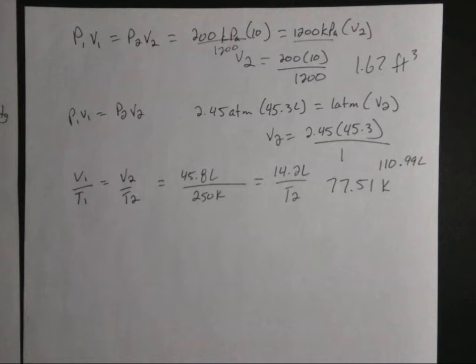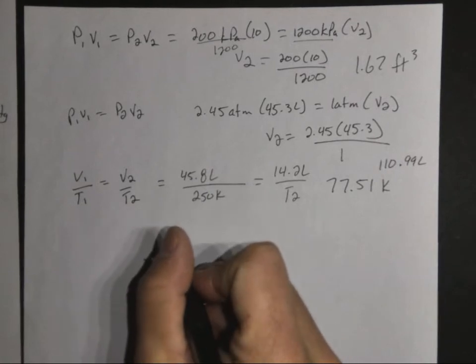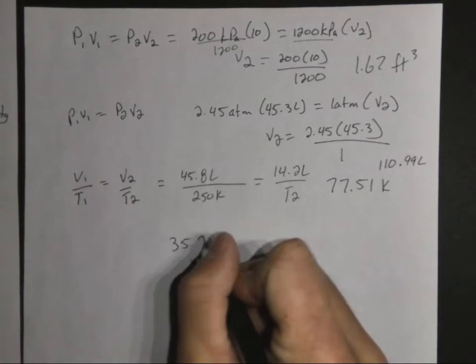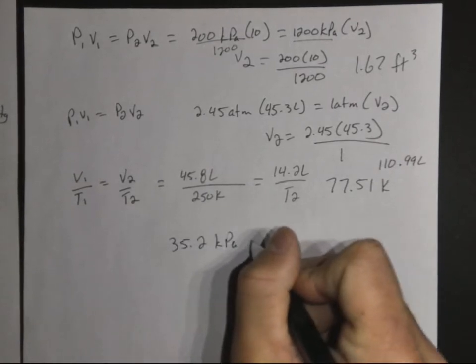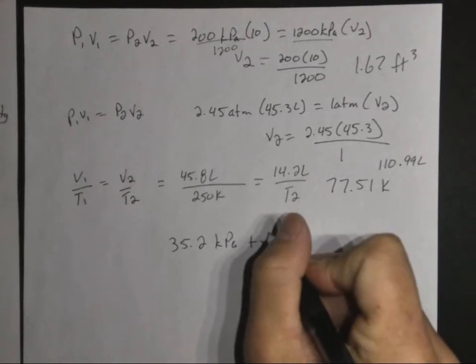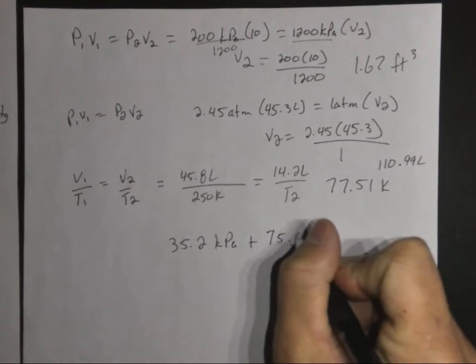It says, what is the pressure in a container that contains nitrogen at 35.2 kPa and hydrogen at 75.9 kPa? This is something we haven't covered yet, but it's really simple. So this is what's called Dalton's law of partial pressure.